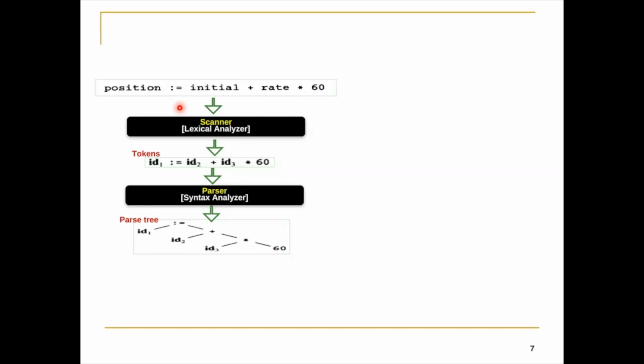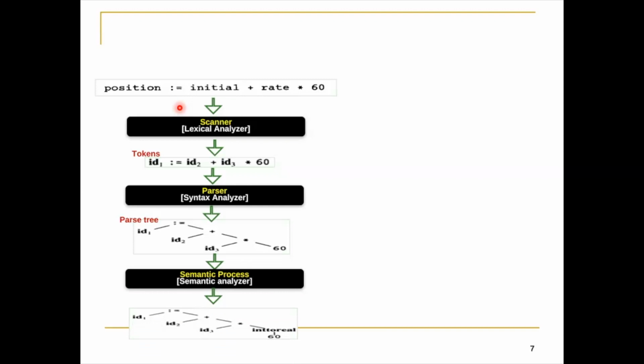This parse tree will be given as input to the next phase, the semantic analyzer, which will check whether the meaning or the semantics of the program is correct or not, and it would also take care of type checking, type mismatch, all those kinds of things, right?